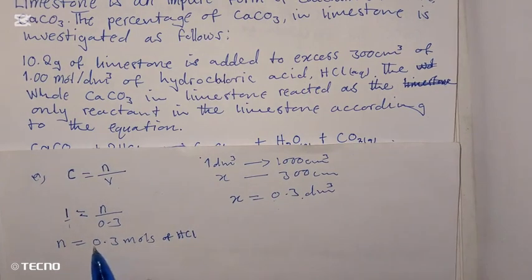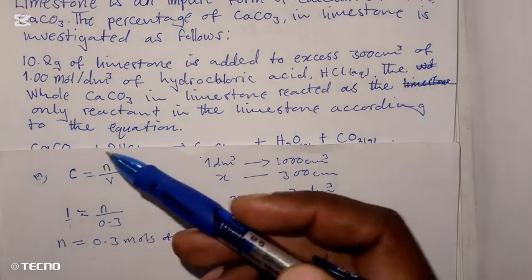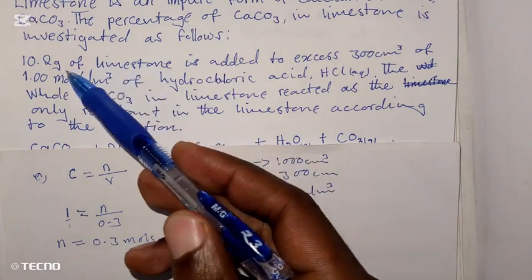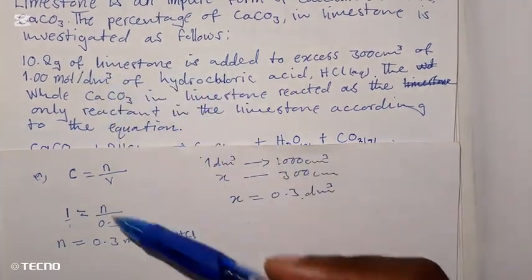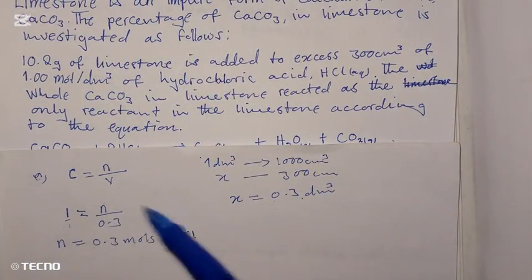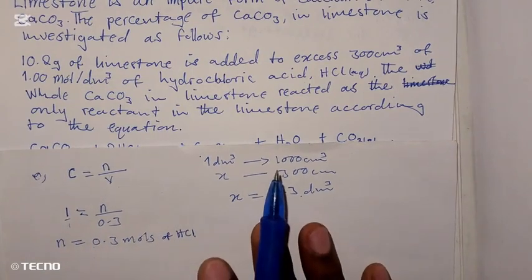So this 0.3 moles of hydrochloric acid, these were the total moles of hydrochloric acid even before it reacted with this impure limestone. So this was the total moles of hydrochloric acid.